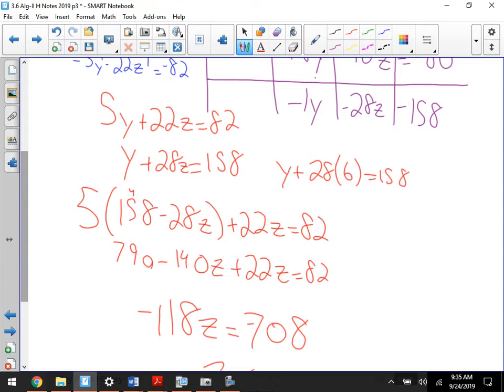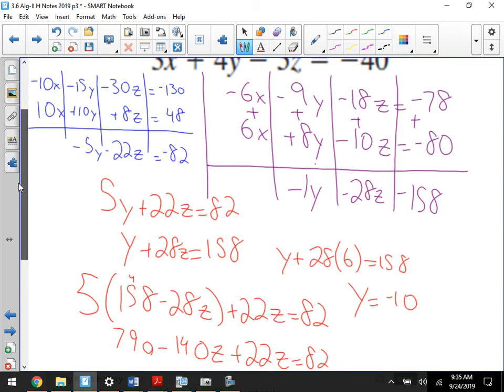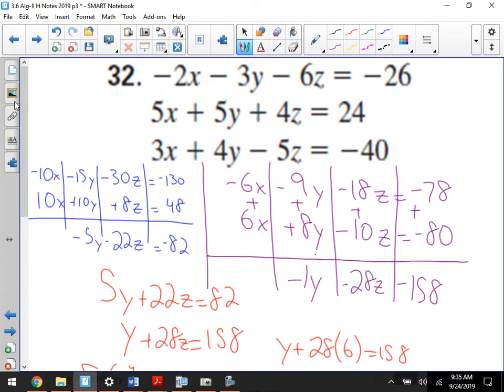So subtract the numbers. So we have y is negative 10. Yes. And then lastly, so we have z is 6, y is negative 10. So 3x plus negative 40 minus 30. Do you get 10?